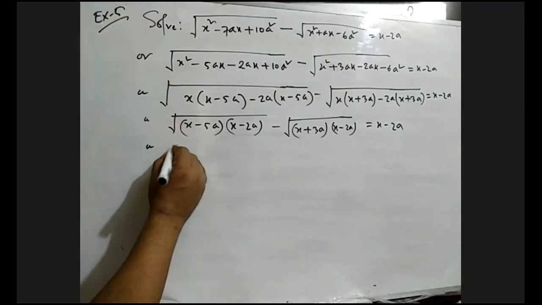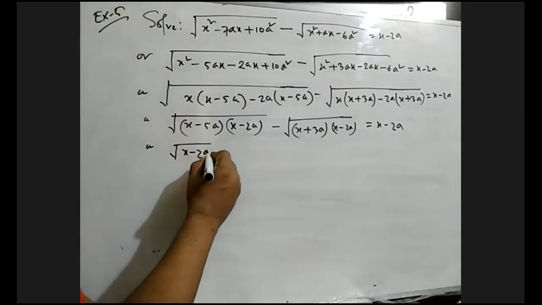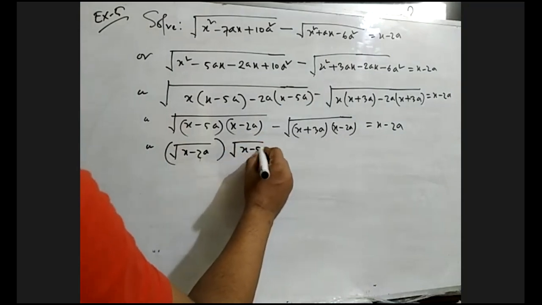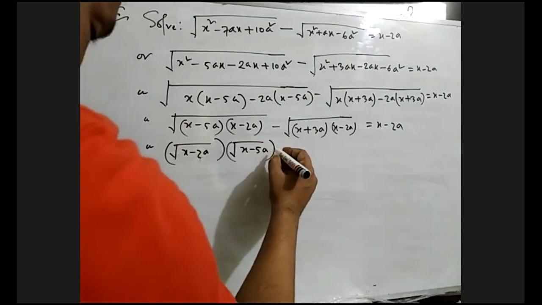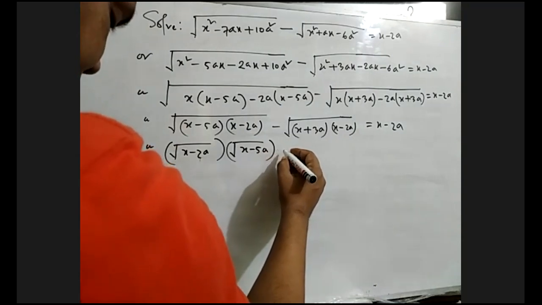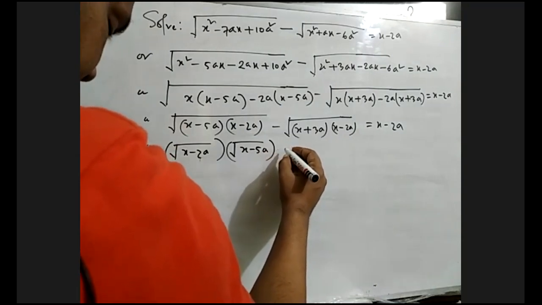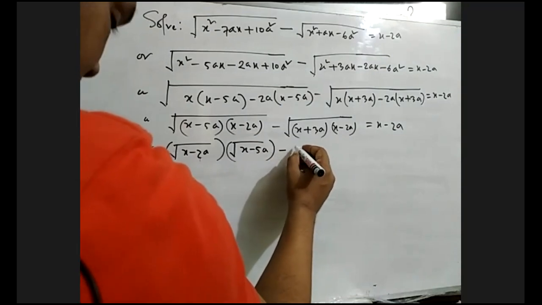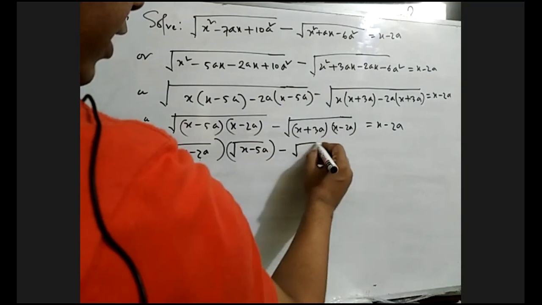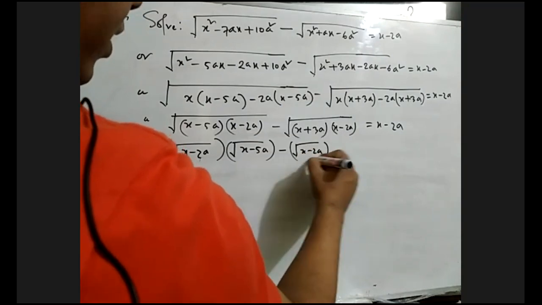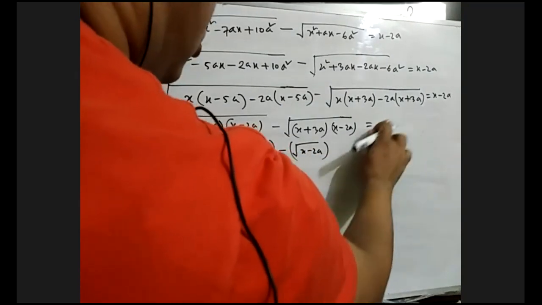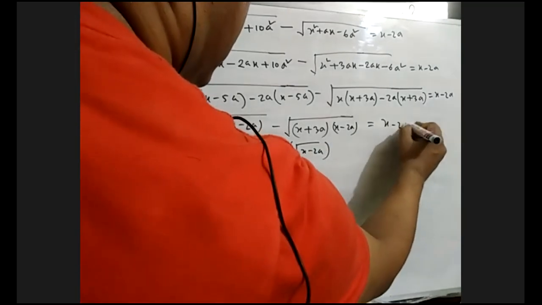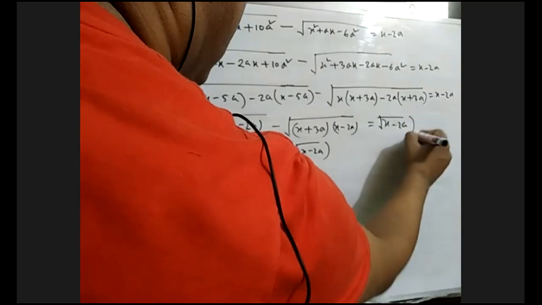So we can write x minus twice a square root over x minus 5a minus x minus twice a, but here x minus twice a can be written as root over x minus twice a whole square.